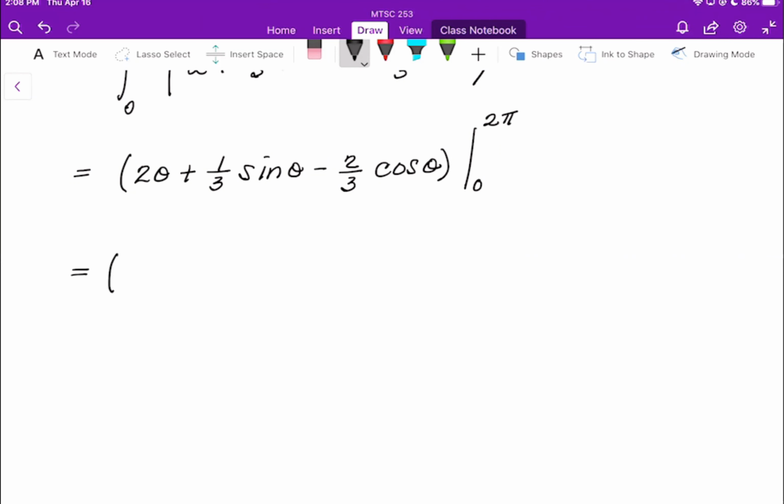So now I'm going to get 4 pi minus 2/3. Then I'm going to subtract off negative 2/3. So again, I get 4 pi.